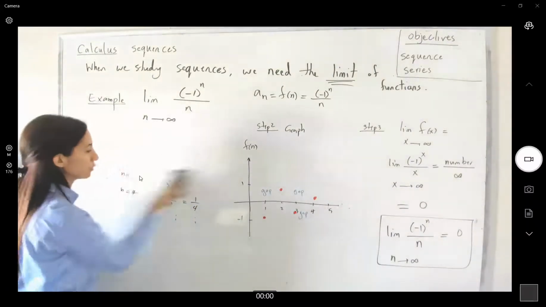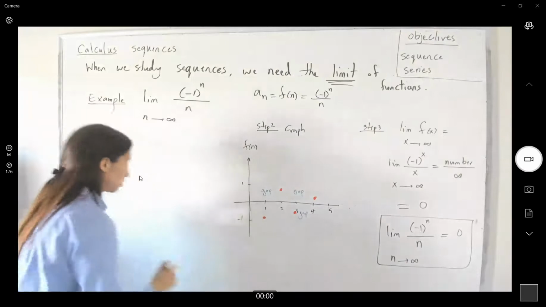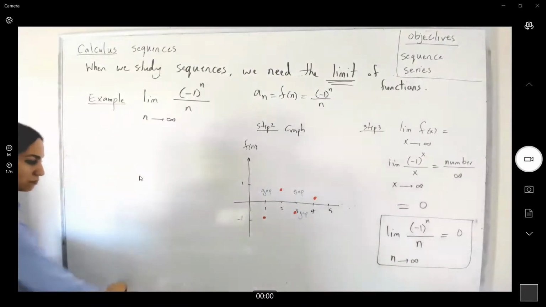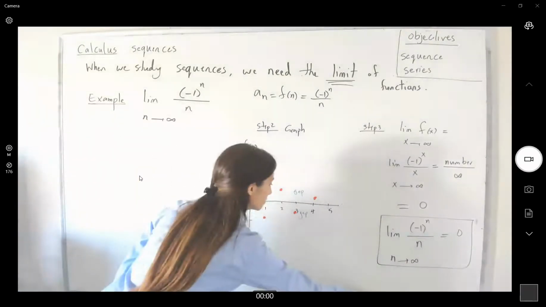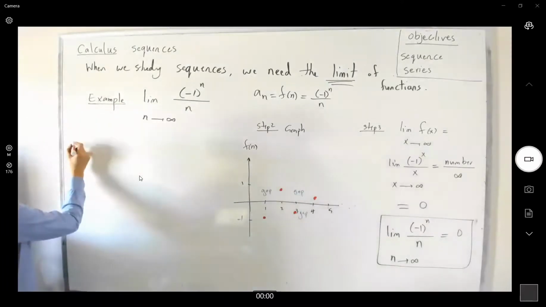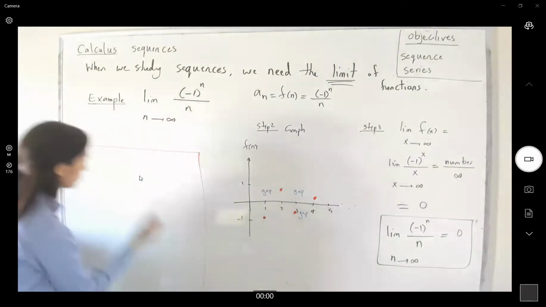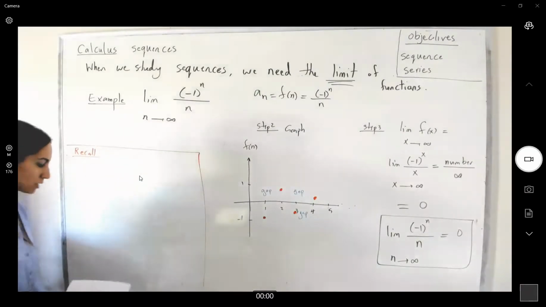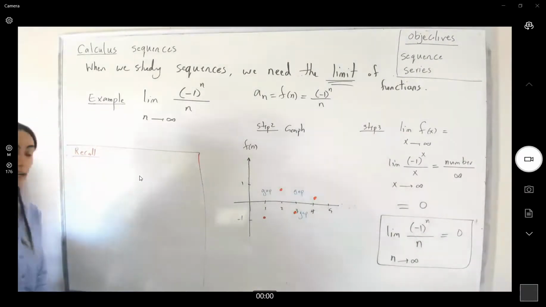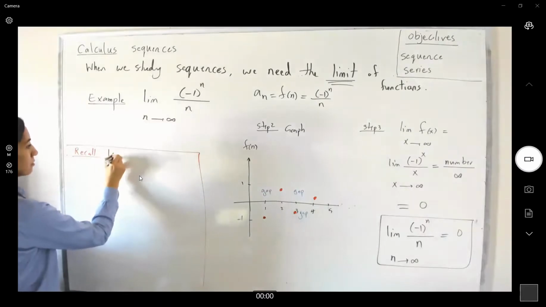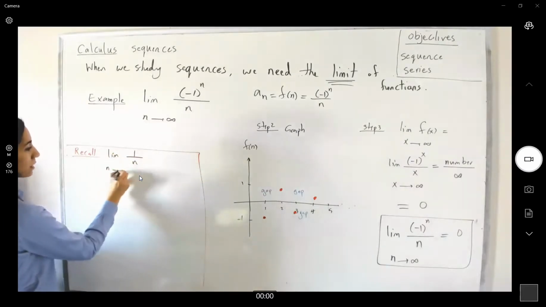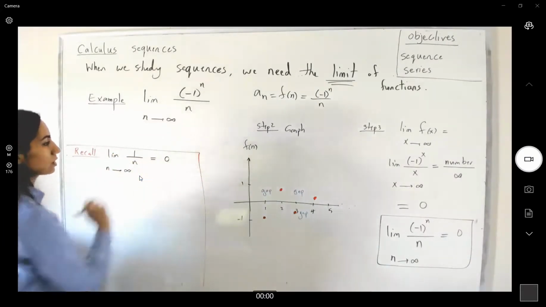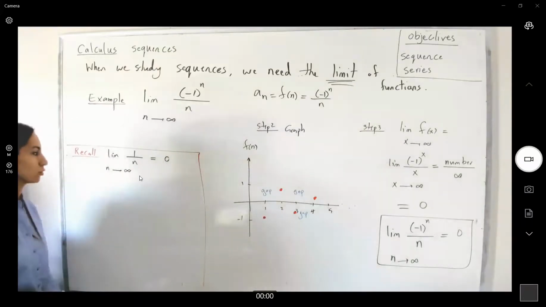Just a recall for you. Here you actually have a theorem. Recall that the limit of 1 over n while n goes to infinity is equal to 0. 1 over infinity is equal to 0.